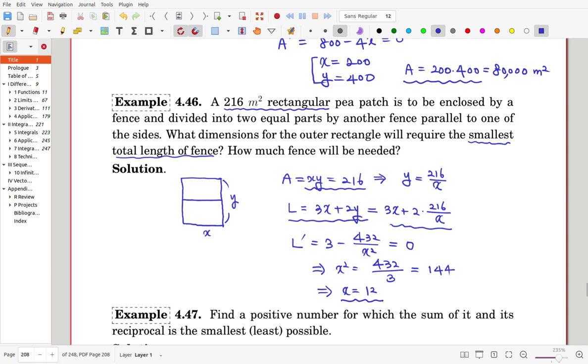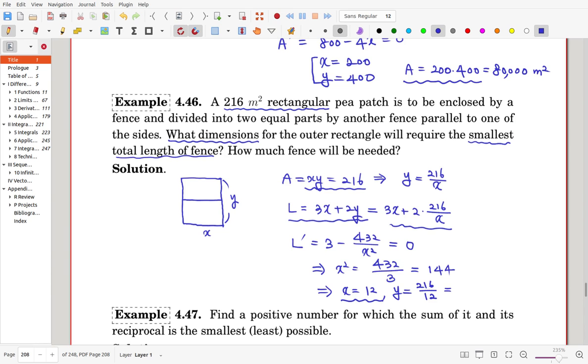When x is 12, from this equation, you can find y. Now we have to find the dimension. So from x is 12, y equals 216 divided by 12. What is that? It's 18, right?